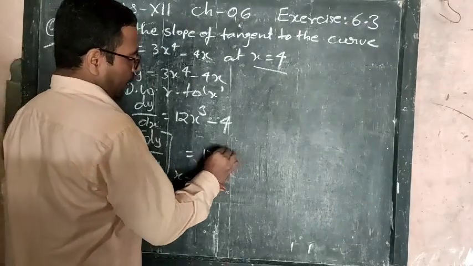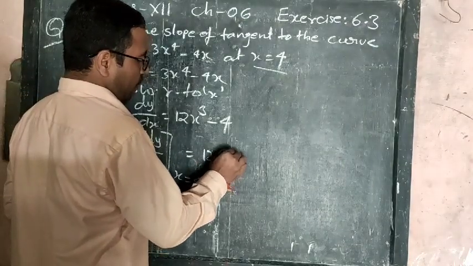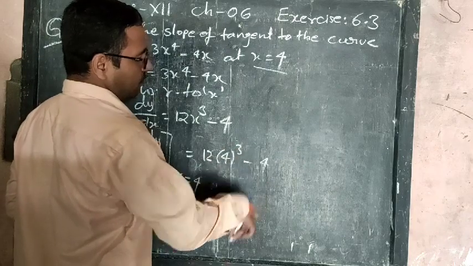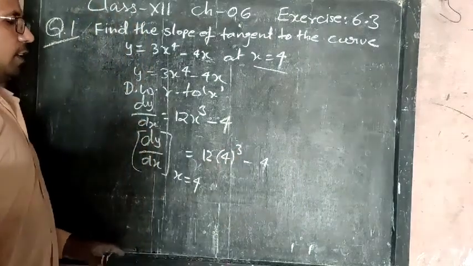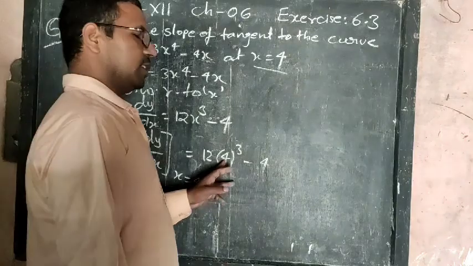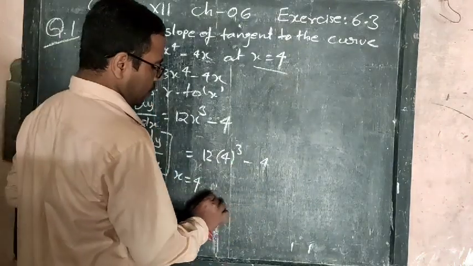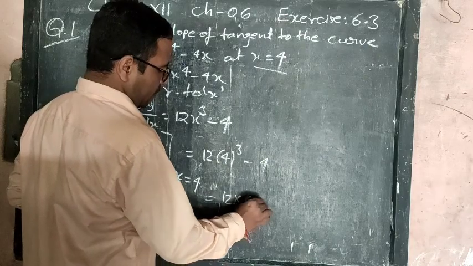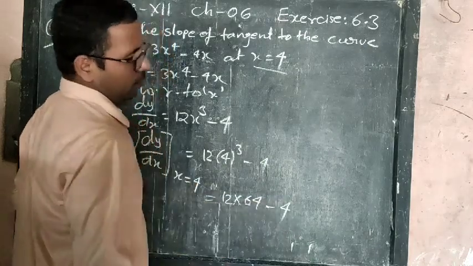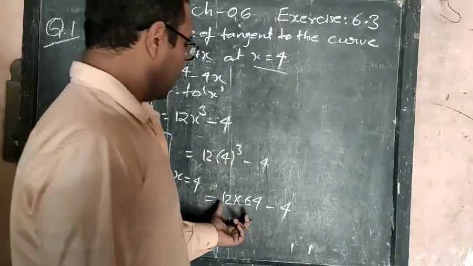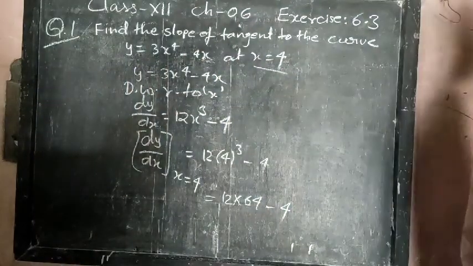That means 12 times 4 to the power 3 minus 4. Now students, 4 4s are 16, 16 4s are 64. So 12 into 64 minus 4. Now students, we just have to do the multiplication and subtract 4.